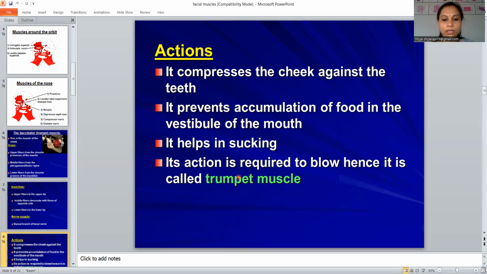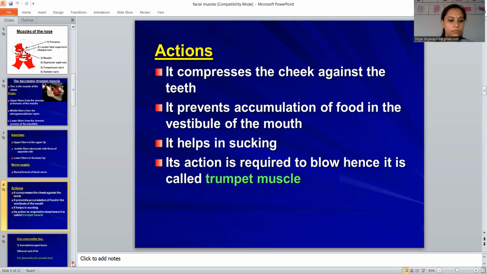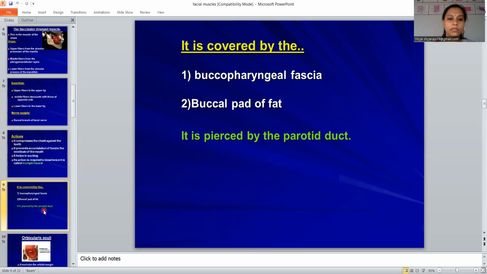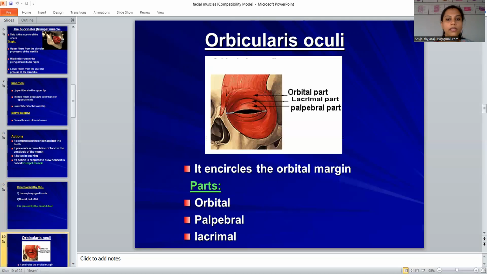This last point is very important for MCQ. The buccinator muscle is usually covered by buccopharyngeal fascia and buccal pad of fat, and it is pierced by the parotid duct.